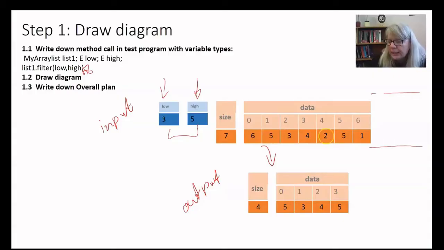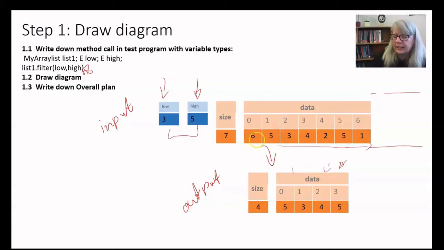I compared each one of the elements in data with those two values, and I decided whether it should go in the final array or it should remain in the array, depending on how you look at it. So can you see that all the values here, which are lower than the low value or higher than the high value, have been filtered out. You now understand the name of the method? The values have been filtered out.